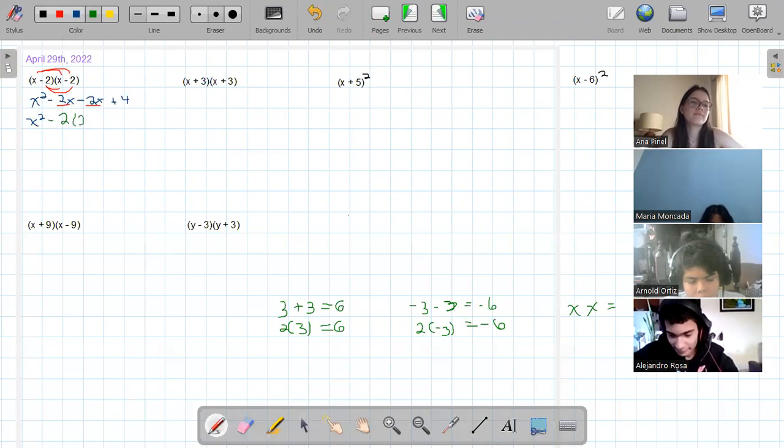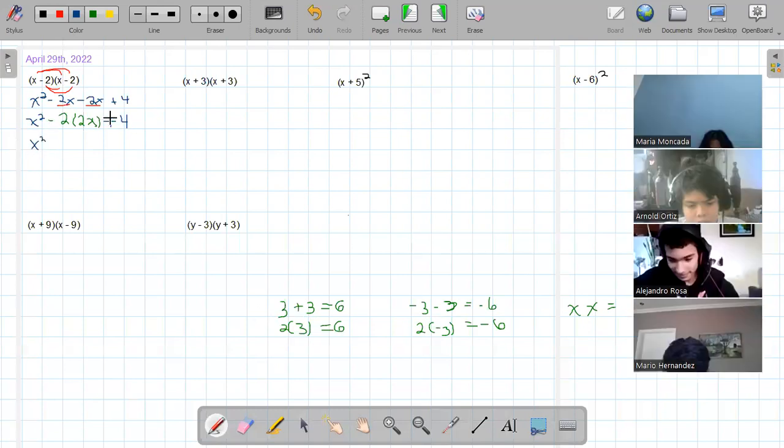I'm placing the 2x positive because I'm taking out the negative over here, plus 4, because I'm doing this abbreviation like I did over here. Okay, and let's solve it. X to the square, -2 times 2x. How much is that? -4x plus 4.